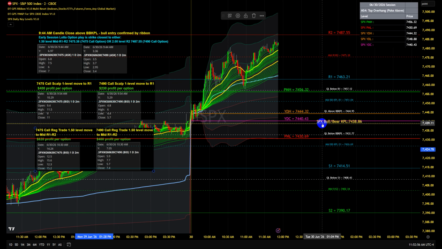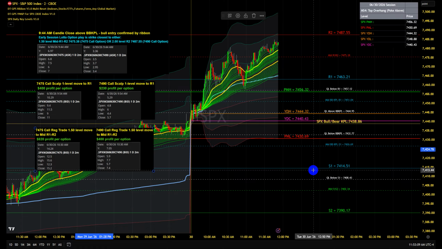However, there is a third option for stop loss with early session lotto option plays, and it really just depends on the cost of the option. This alternative would generally only apply if you are looking at an option that is around $5 or less. So the third option is that you can use no stop loss.